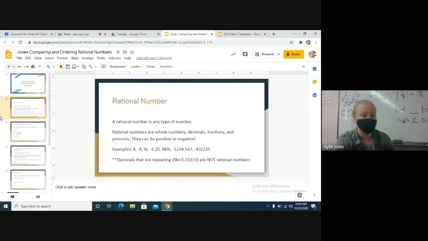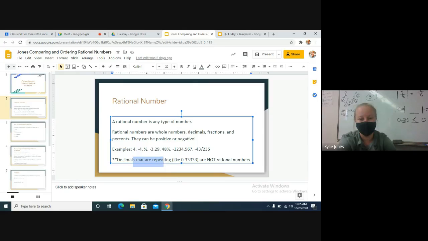So slide number 2. Let's talk about what a rational number is in the first place. A rational number is basically any number that like stops. It can be a whole number, a decimal, a fraction, percent, to almost any number. The only thing that a rational number cannot be is a decimal that repeats.